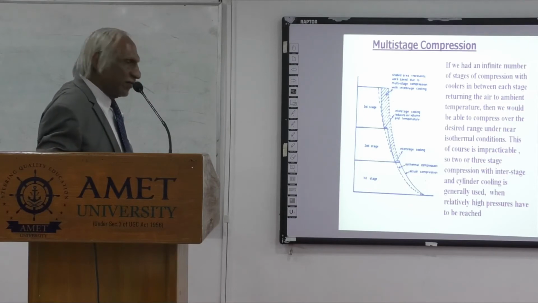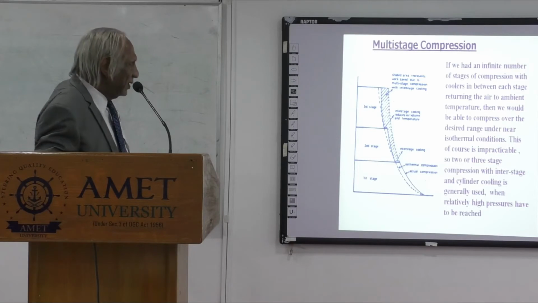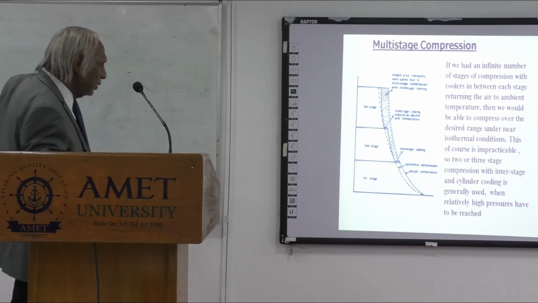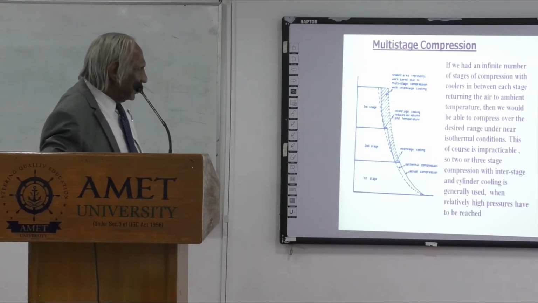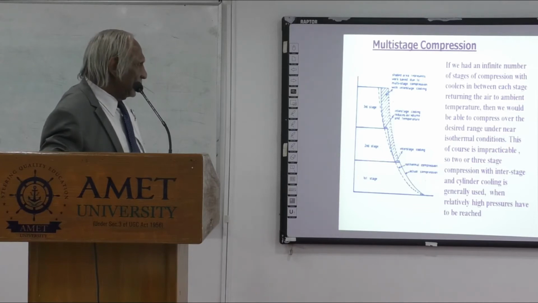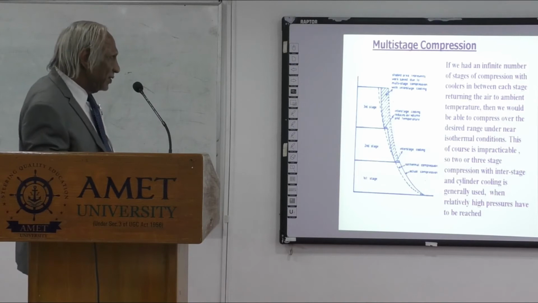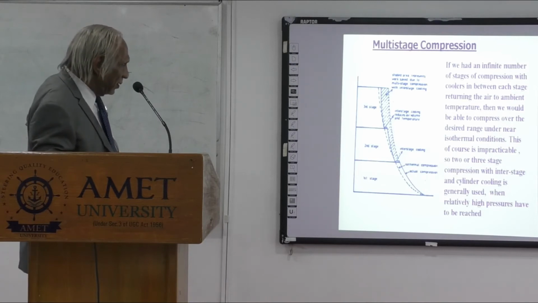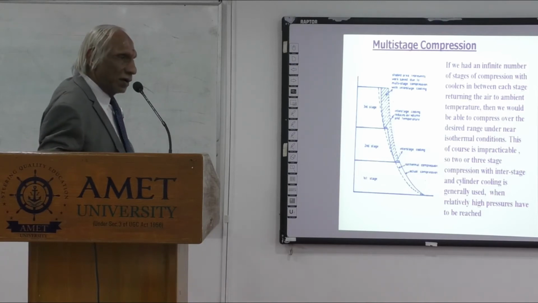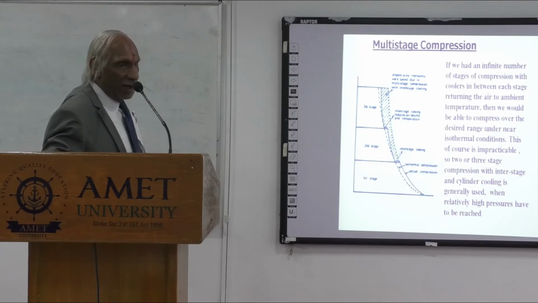So after completion of the first stage, we resort to cooling, which is called interstage cooling, as you can see there. The area between the dotted line and the polytropic curve on the first stage is the amount of energy you have conserved, and that much work is not needed from the electric motor.